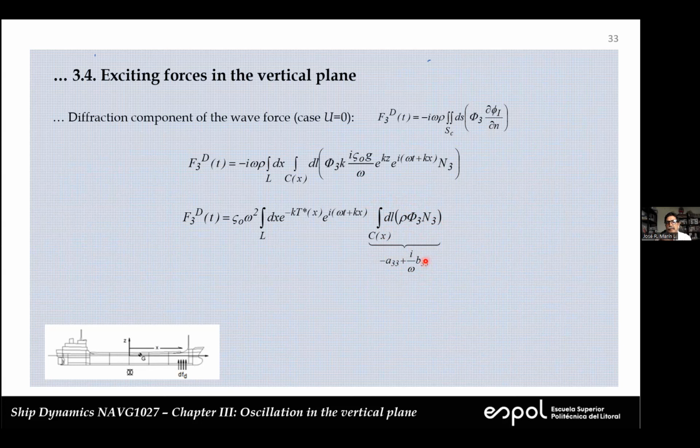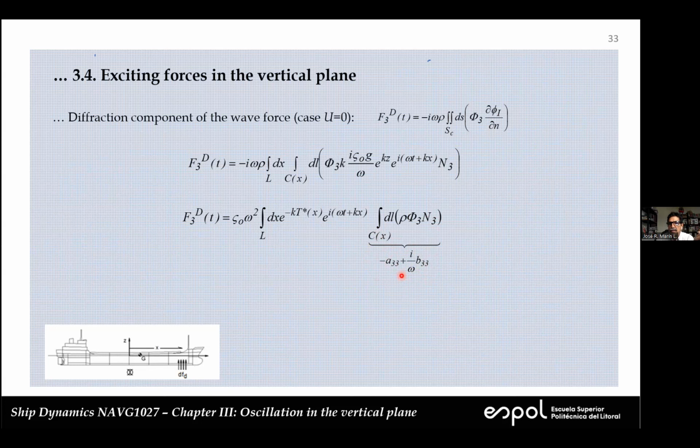And that's something that we were expecting, right? Because phi3 is related to the calculation of added mass and damping coefficient. So the integration of this is what we obtain. It makes sense, we have said several times, right? Because what we do on the surface, when we move up and down, generates waves, and those waves depend on the frequency. And the result of the integration gives you added mass and damping coefficient.